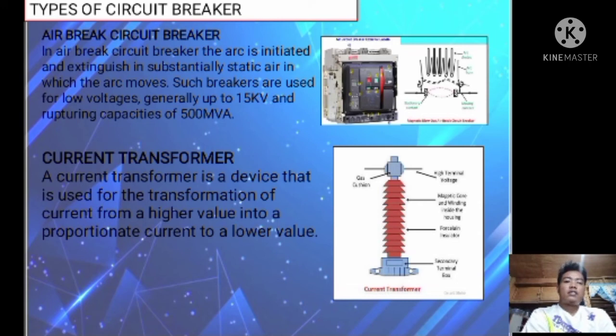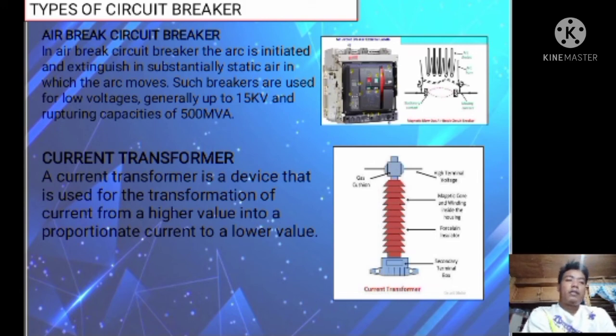So current transformer is a device that is used for the transformation of current from a higher value into a proportionate current of a lower value. So yung current transformer naman, these are the example of the current transformer.